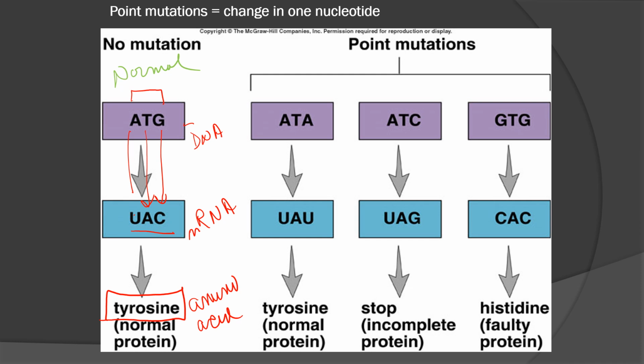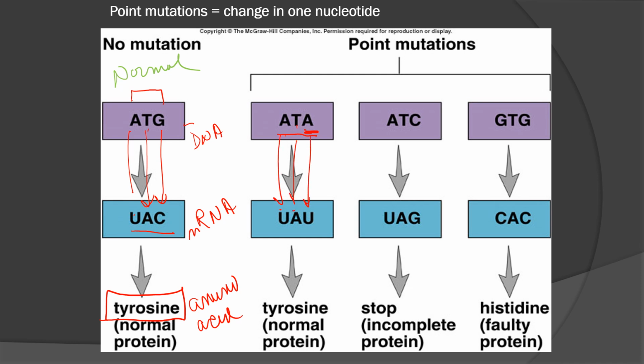So here we have 3 different kinds of point mutations. In this one, instead of being ATG, this last base has been changed to A. So it's not ATG as it's supposed to be, it's ATA. And when you make the messenger RNA from that, it's UAU.